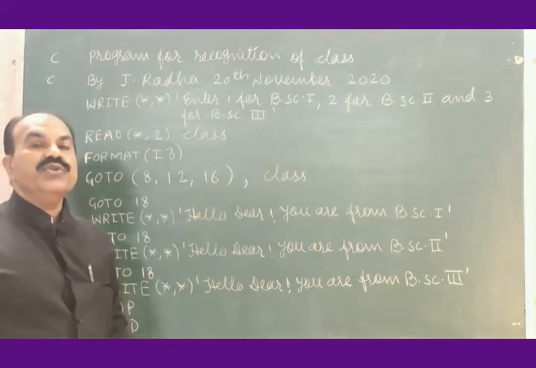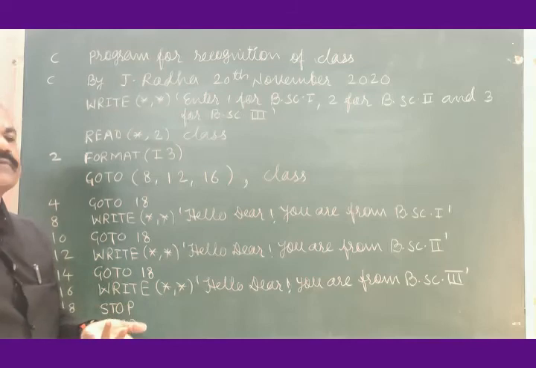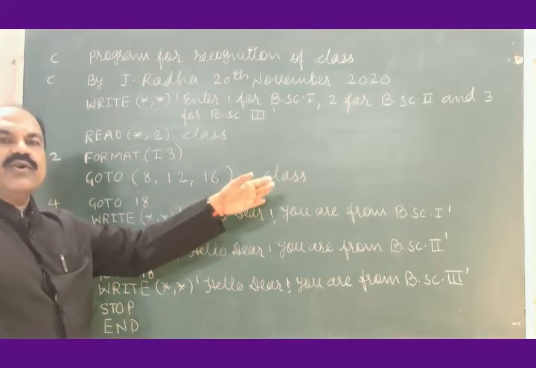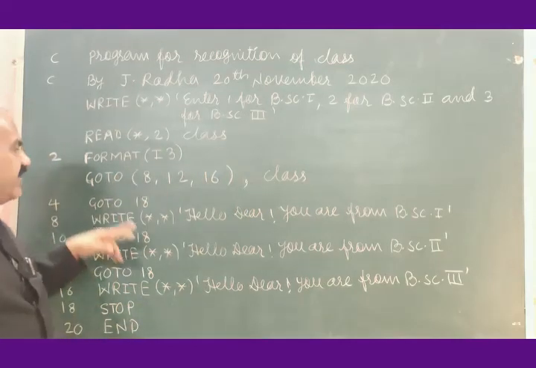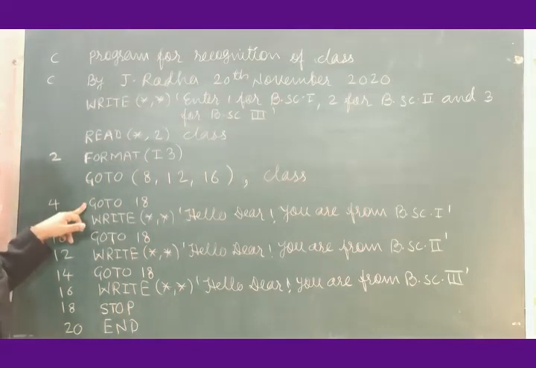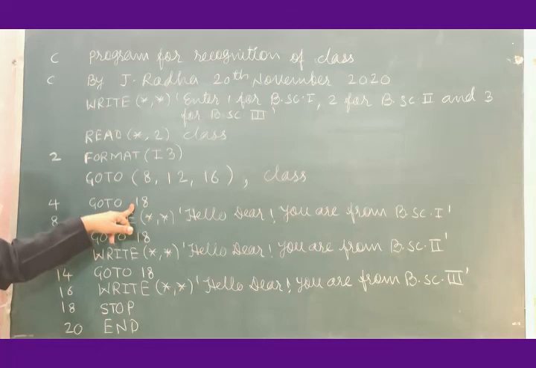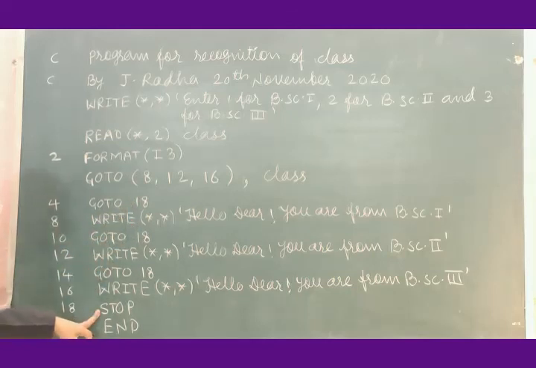If you enter 0 or 4 or 5 or something, control will not be transferred anywhere. After this, control will come to this statement, which unconditionally sends the control to statement number 18 here. Terminate the program. Okay, the program is completed.